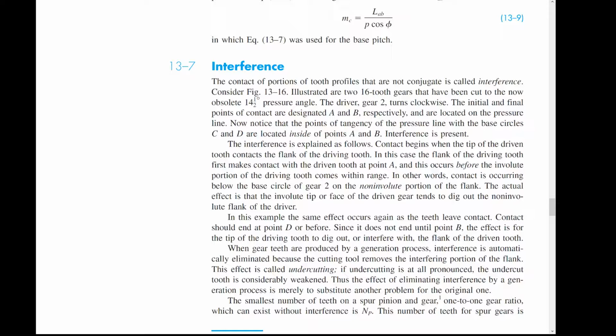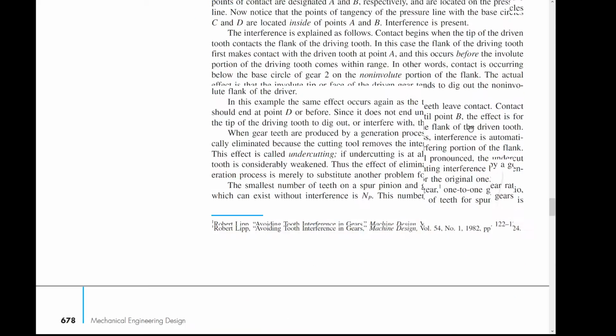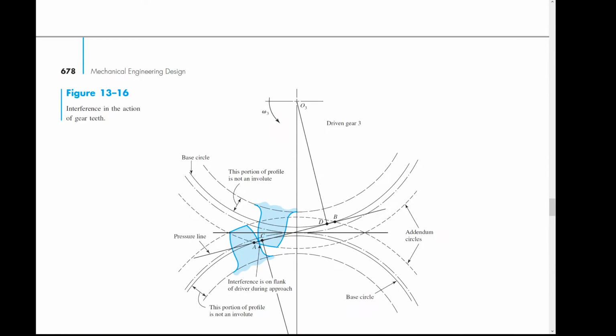The initial and final points of contact are designated A and B, respectively, and are located on the pressure line. Notice that the points of tangency of the pressure line with the base circles C and D are located inside points A and B.